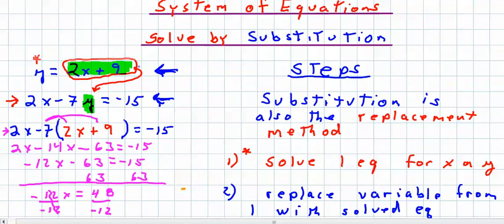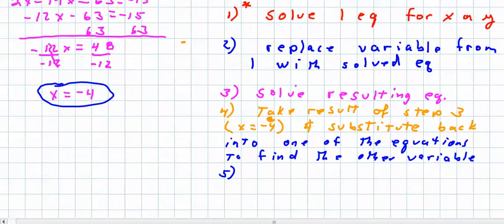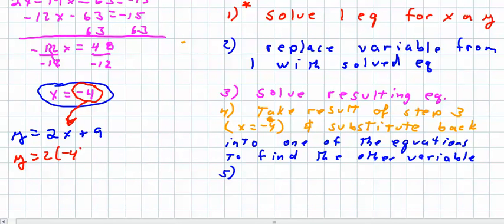I'm going to do it into this one. So I'm going to take y equals 2x plus 9. I know that x is equal to negative 4. I'm plugging that back into there. And I get y equals 2 times negative 4 plus 9. y equals negative 8 plus 9, or y is equal to 1.